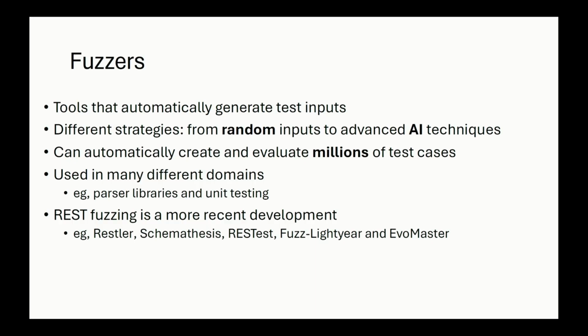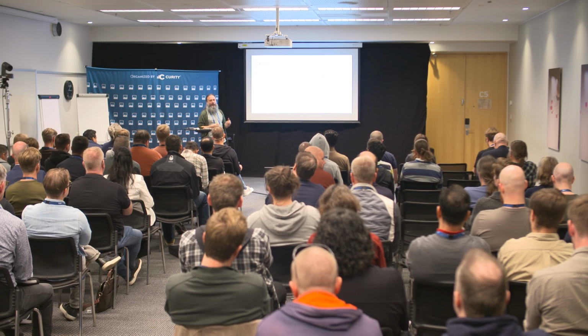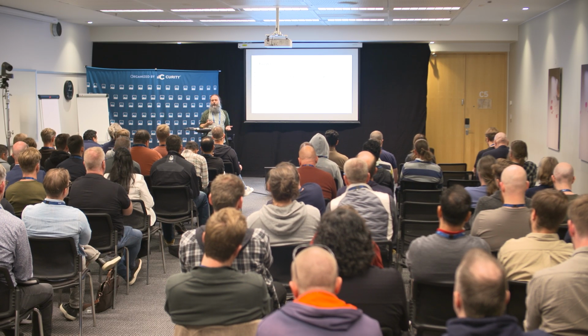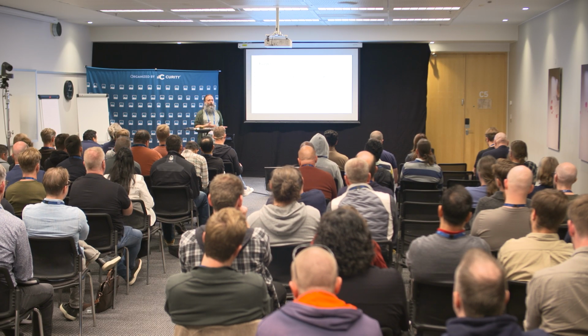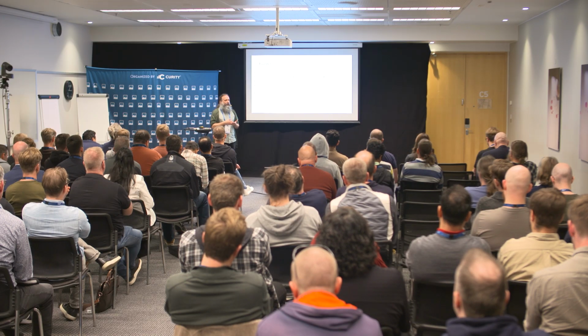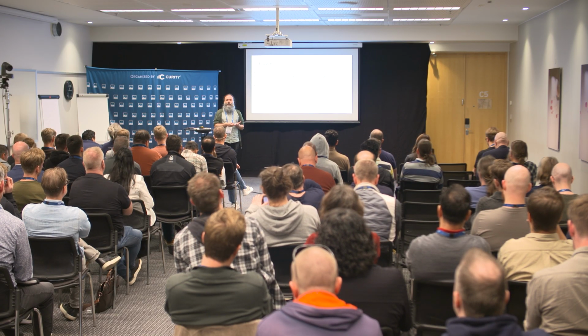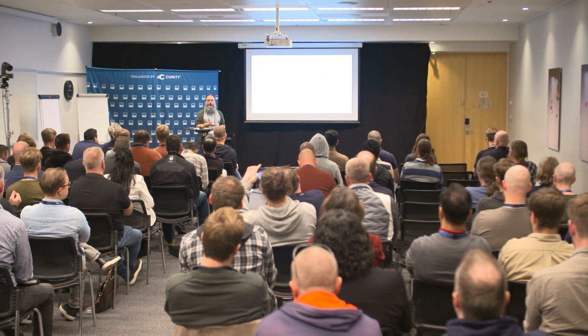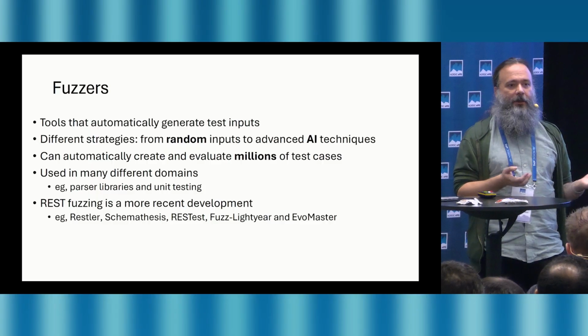Or there is a lot of work on using more sophisticated techniques with AI, from LLMs to neural networks, genetic algorithms, and so on, to try to get even better test cases. Again, the goals are to maximize different kinds of coverage, but also to find faults. And the point is, when you have this kind of tool, you can generate and evaluate millions of test cases automatically in just a couple of hours.